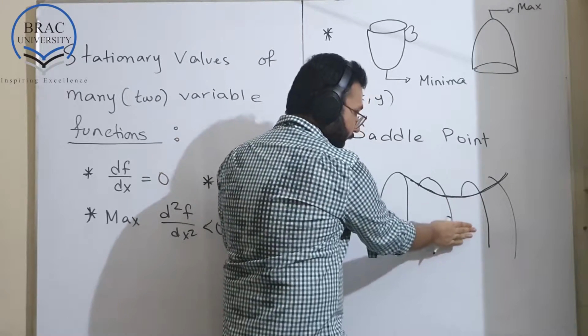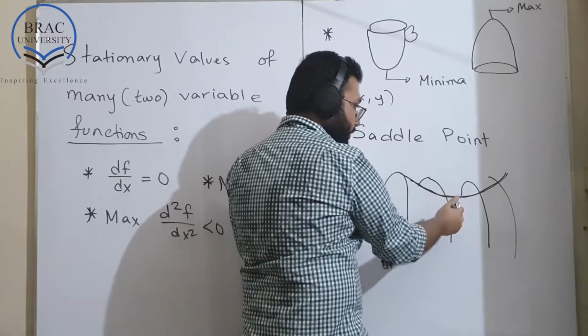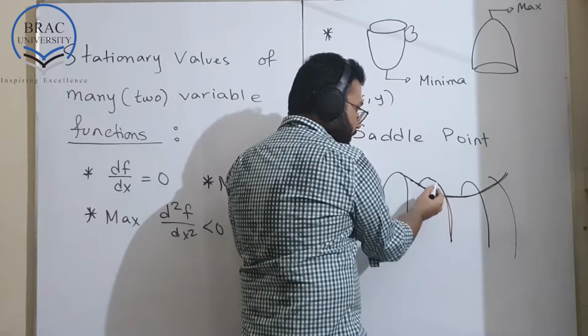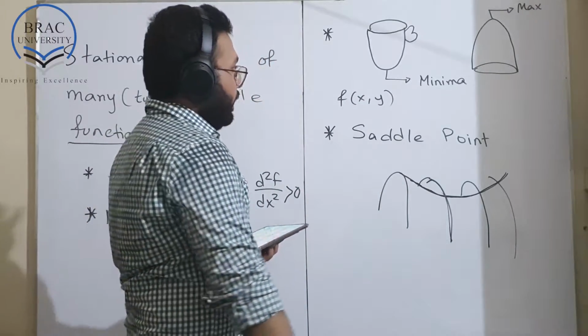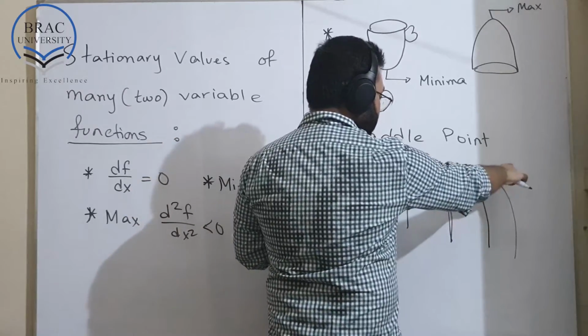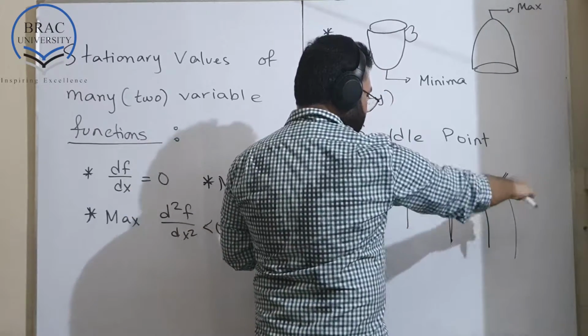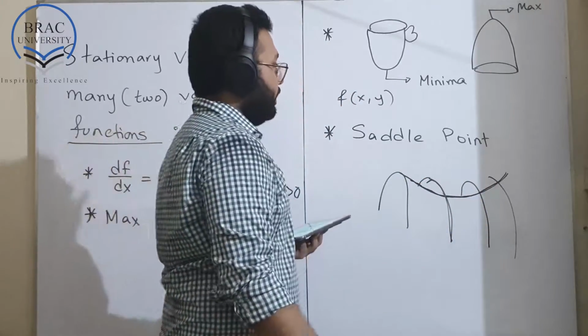If we go like this across the horse, this place is the highest point. So if we consider this the x-axis, this is a minima along the x direction, and along the y direction, this is the maxima.